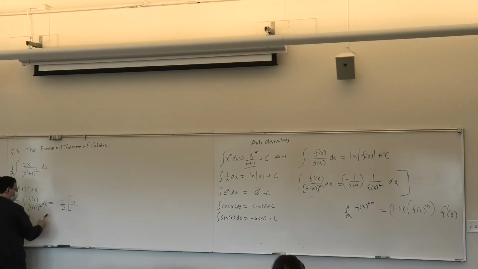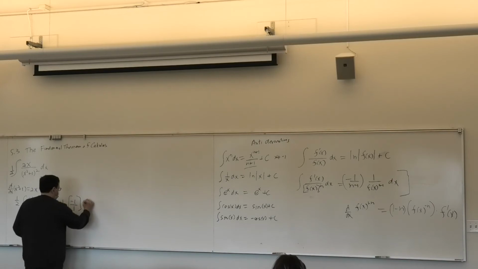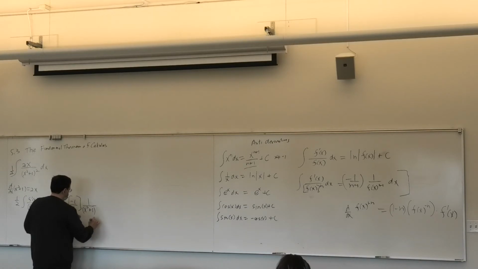Well, n here is 2, so n minus 1 is 1, times 1 over x squared plus 1 cubed.